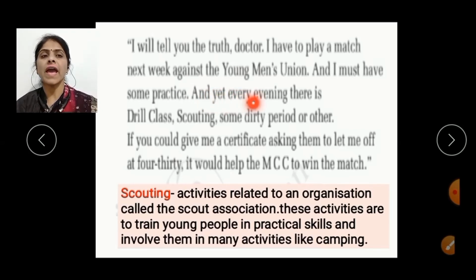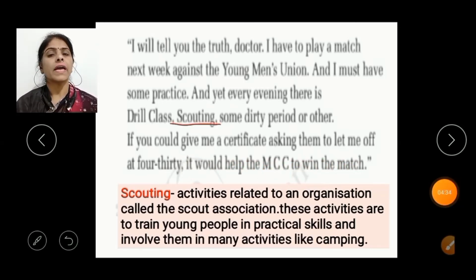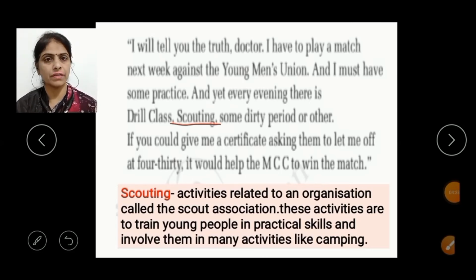And yet every evening there is drill class, scouting, some dirty period or other. If you could give me a certificate asking them to let me off at 4:30, it would help the MCC to win the match." In this para, we have a new word, scouting.